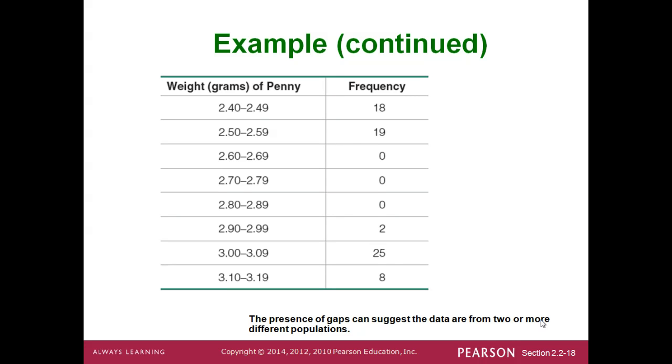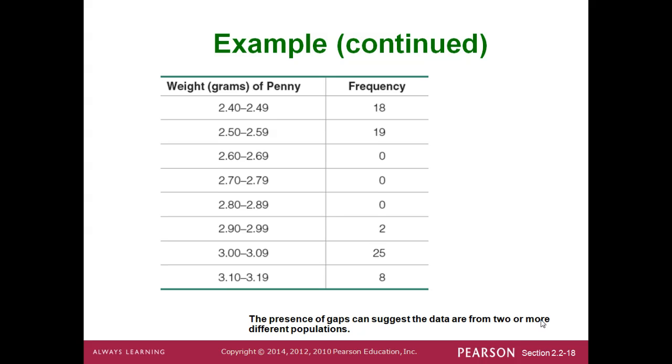All right, so when we look at this data, in the frequency table they've developed here, they've got classes, the weight of those pennies from 2.4, and then the next class is 2.5, 2.6, and so on. Notice the large gap between 2.5 and 2.9.